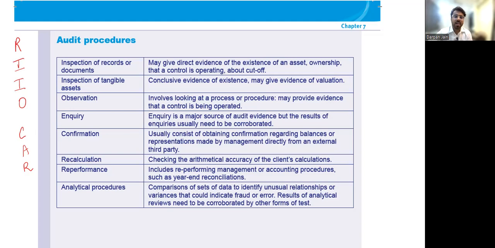Inspection of records or documents may give direct evidence of the existence of an asset. It will give evidence about ownership, about who is owning those assets, or that a control is operating. From the inspection of records, you can see whether a control is operating.